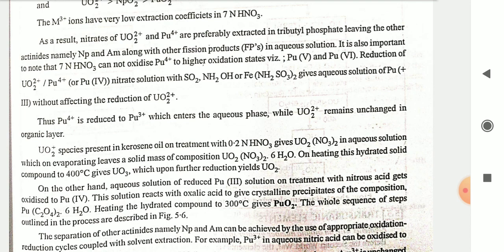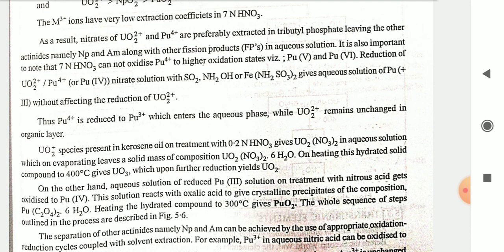Thus Pu4+ is reduced to Pu3+, which enters the aqueous phase, while UO2 2+ remains unchanged in the organic layer.